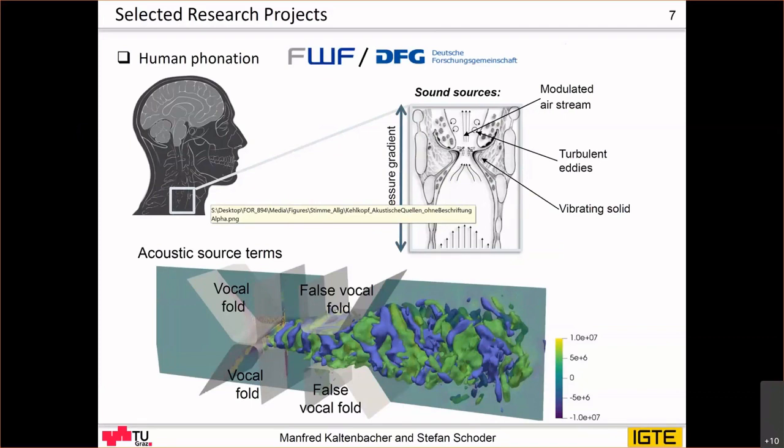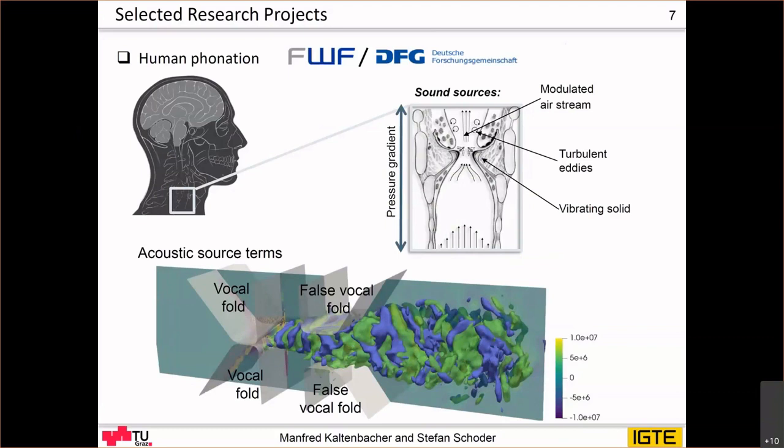On the bottom, you can see here a visualization of acoustic source terms. You see here this part with the two vocal folds, which open and close, and you have also the false vocal folds here, and this structure are really acoustic sources.